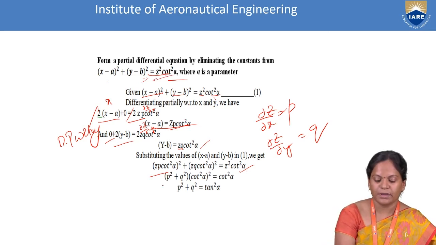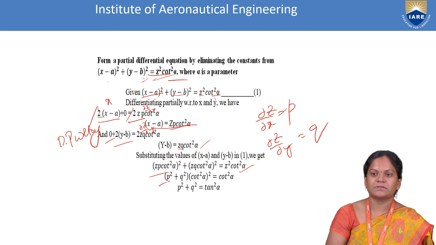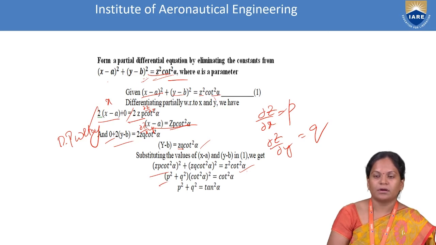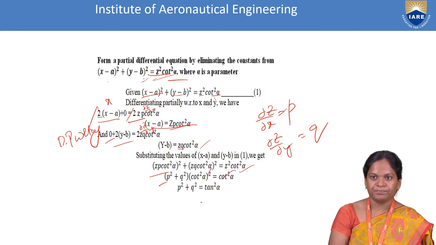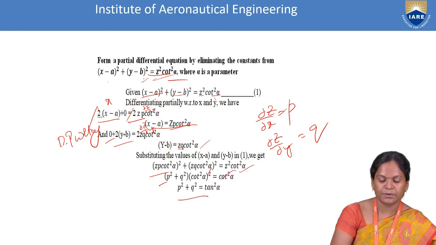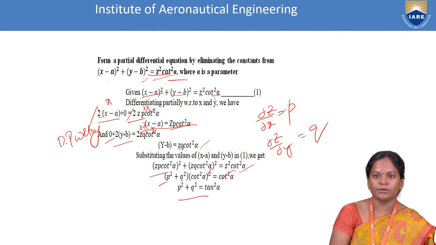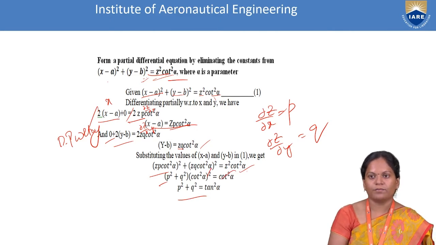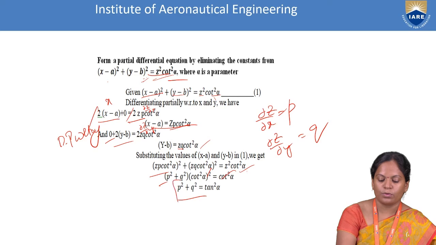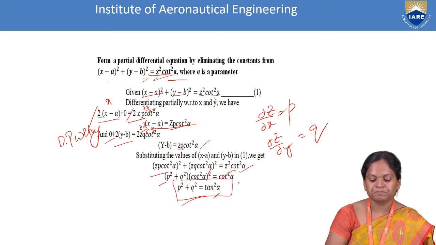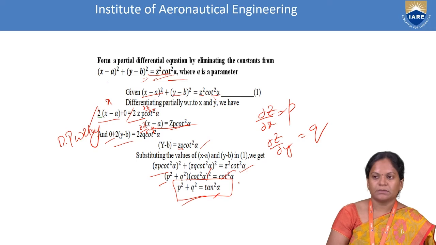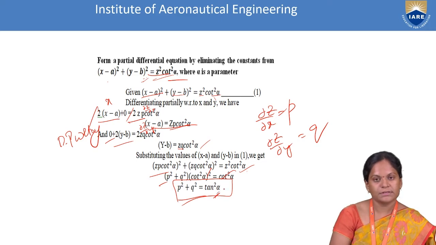From this we can take common p square plus q square into cot square alpha whole square equal to cot square alpha. Both sides one cot square alpha cancels, and next p square plus q square equal to tan square alpha. In this we have only p square and q square, and alpha is a parameter, like a constant, so no problem with this alpha.